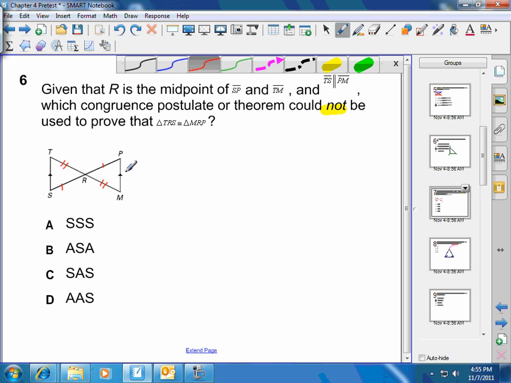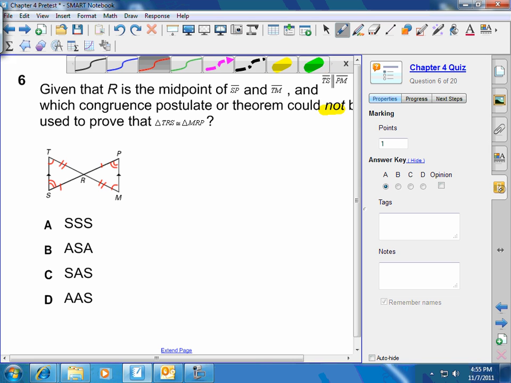And then these are parallel, so we know that this angle here is congruent to this angle here, and this angle here is congruent to this angle here. So number 6, let's see, what's the answer to number 6?